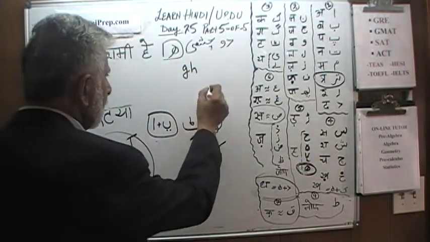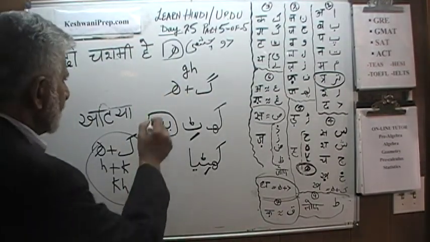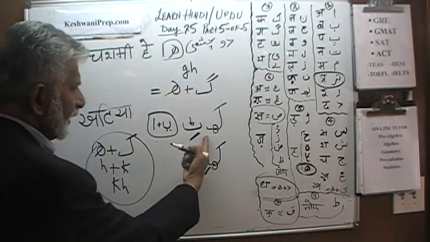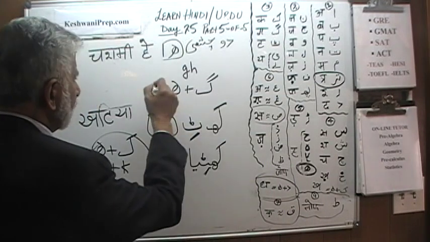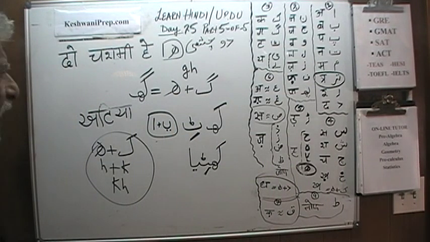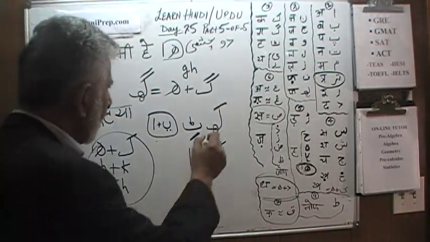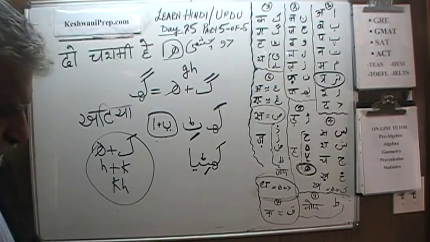Gaf and do chashmi, when they combine, it's going to look just like this one, except instead of one, it's going to have two. That's a g. Because gaf has two of these bars. Kaf has only one.